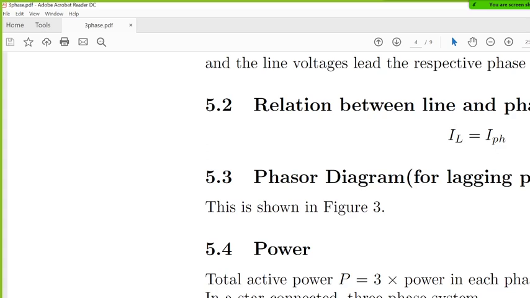So this one, 3 V phase, I phase cos phi, and we have just seen from our derivation that V phase is equal to VL by root 3. So we have simply replaced V phase by VL by root 3, and for star connection, I phase is same as IL. So we have just replaced these things in this equation to get 12. So 12 is okay.